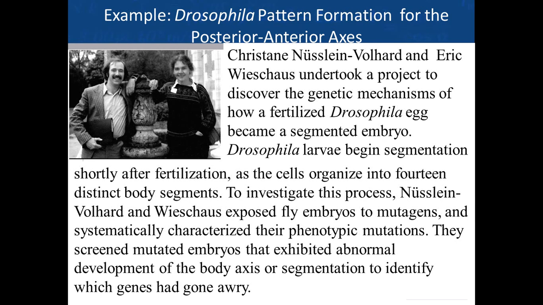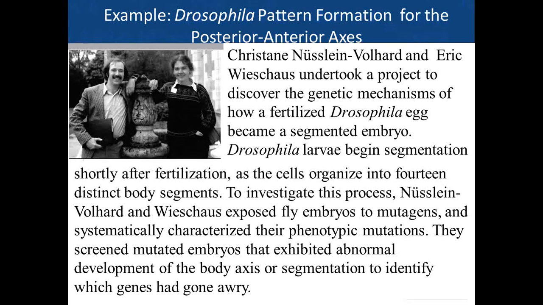Secondly, they identified 6 pair-rule genes, which affected the alternating segments, the odds and the evens. And then finally, the group identified 6 segment polarity genes that helped establish the anterior-posterior axis of each segment. All right, so they were responsible for that.